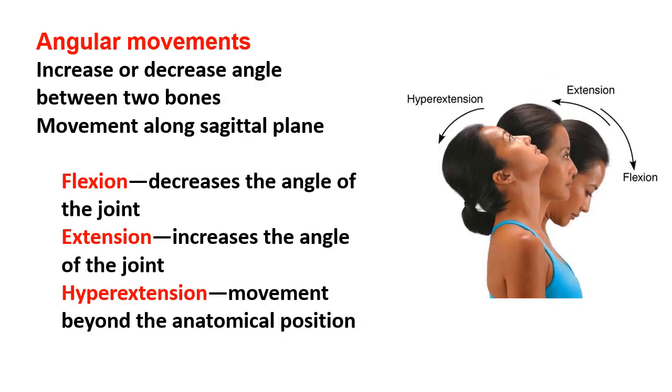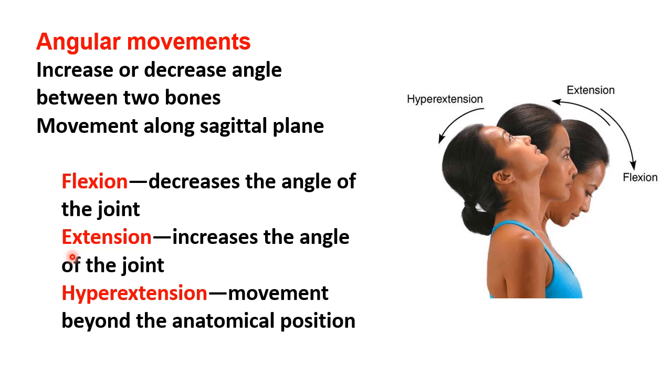Now we have your angular movements, right? So you have flexion. That is a movement that decreases the angle of the two bones at the joint. When you flex your muscle, everybody knows that, here is your 180 degree angle. When you flex your muscle, you decrease that angle.